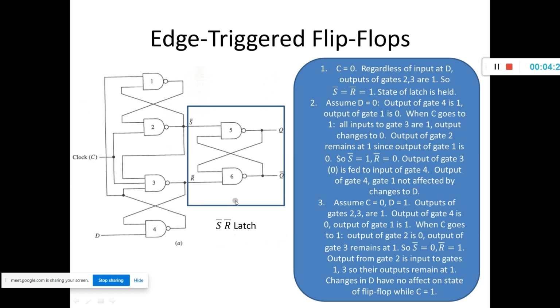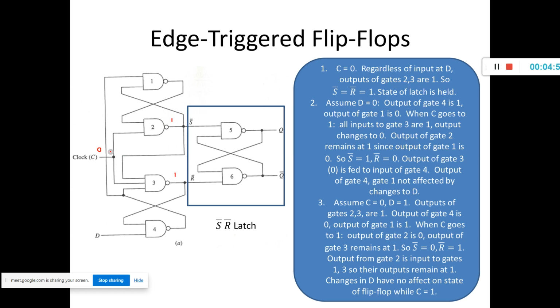So its explanation is given in this slide. Whenever C is 0, what happens? Regardless of the input at D, the outputs of gates 2 and 3 are 1. So if I put a 0 here, this will become 1, and if I put a 0 here, this will become 1.